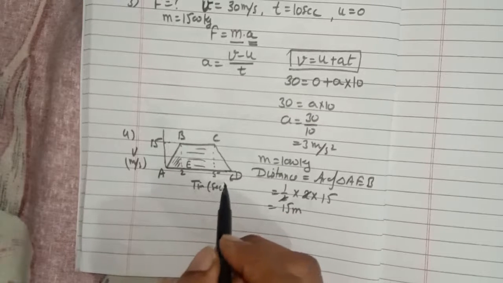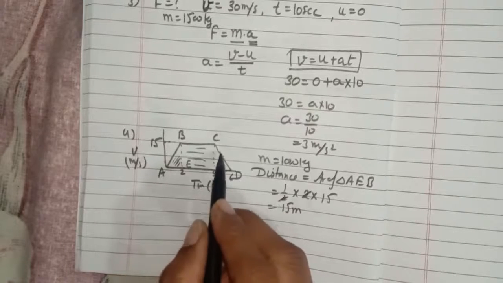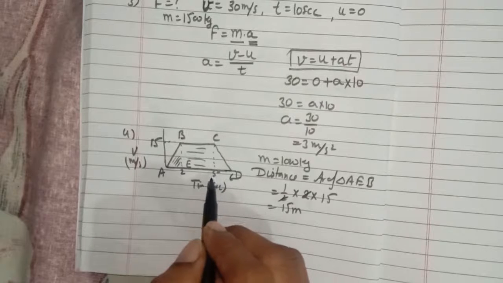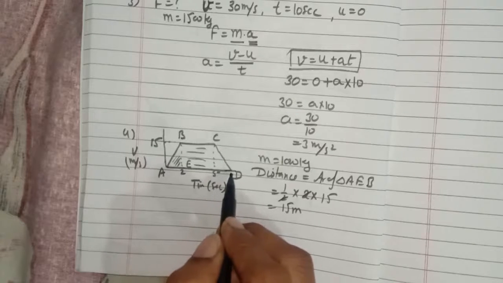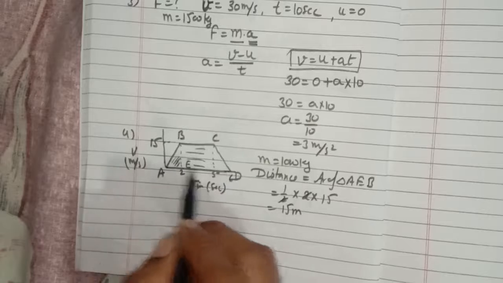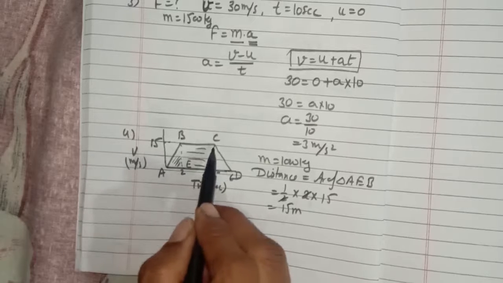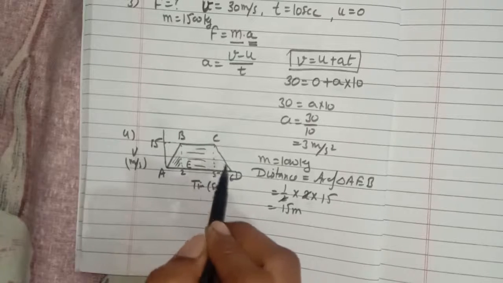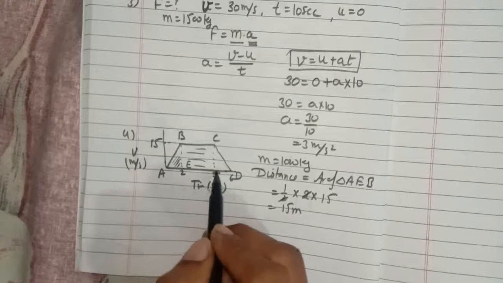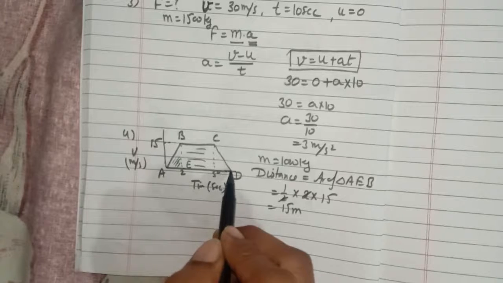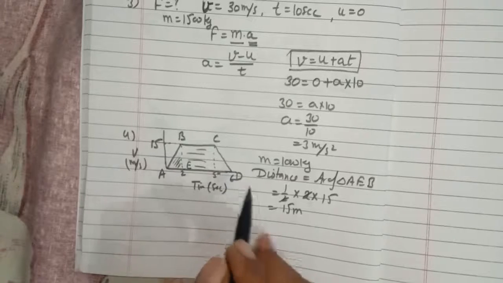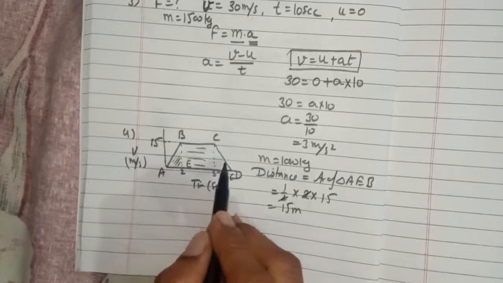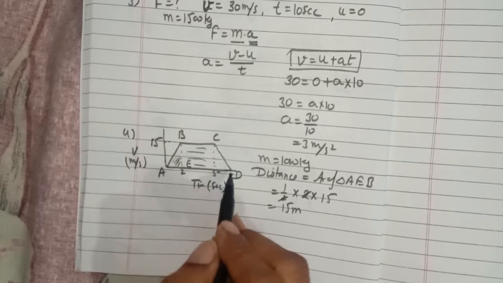Now you have to find how much force will be required to stop the car in 1 second. From 5 to 6 seconds, we find that the velocity of the car becomes 0. From 15, it becomes 0. So it means in 1 second, its velocity becomes 0. So you have to calculate how much force would be required to stop this car.